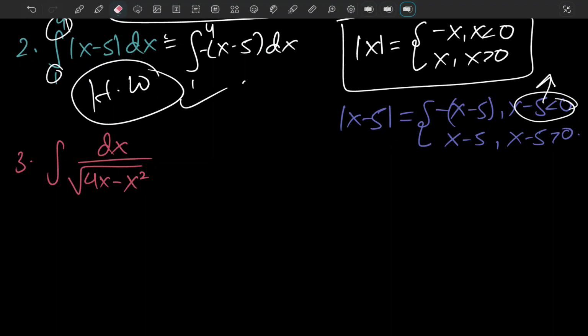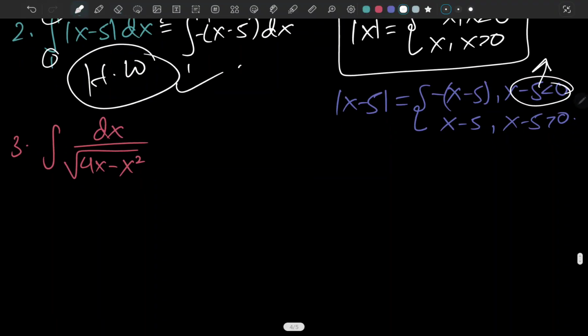Okay, let's do that. Let's factor out negative 1 inside this radical.